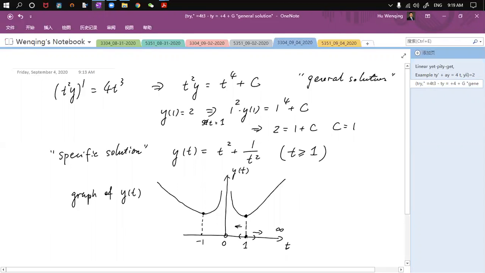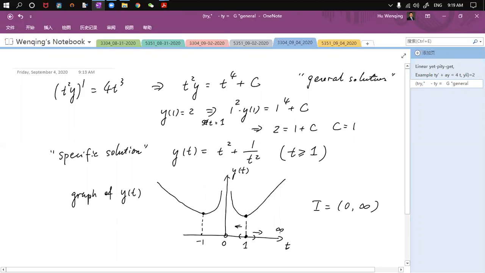Okay, so from 1, you can actually go to 0. That's the farthest you can go, because at point 0, your solution is going to blow up. And if it blows up, you will have nothing, right? So that's the situation: the largest interval containing a unique solution is 0 to infinity.